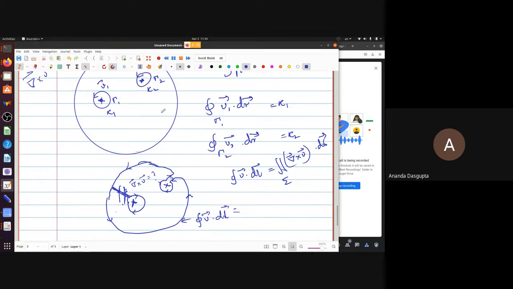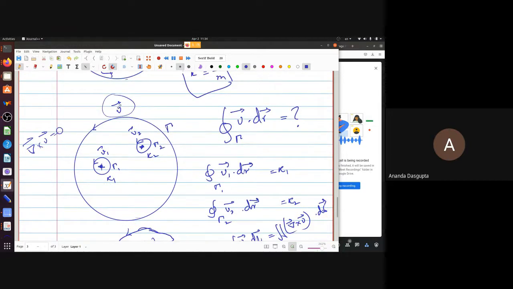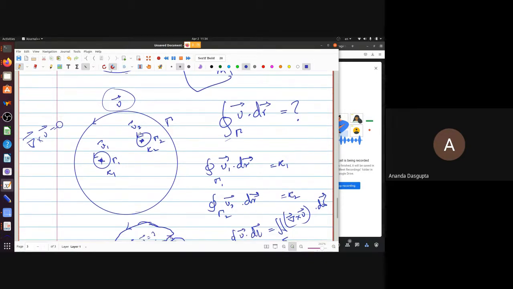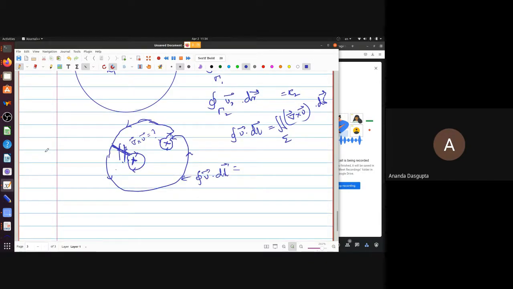So what does it tell you about this circulation? Circulation of this big contour in terms of these two. Here it is telling you that if you were to add this circulation with this one and this one, because remember, this is how you're going around.